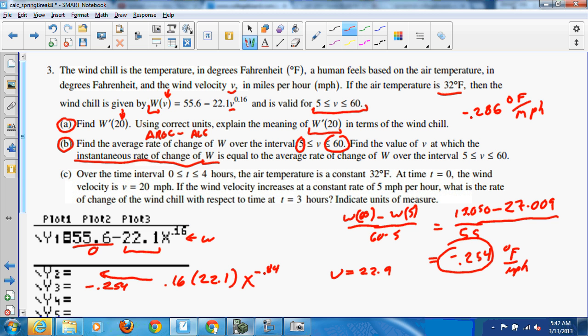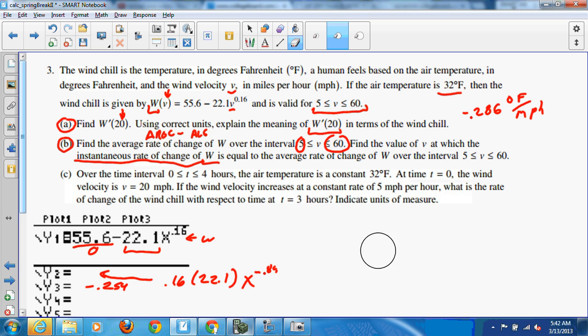The last one says over the interval of time between 0 and 4, let me erase all this. And that says over the interval of time, the wind velocity is 20 miles an hour at time equals 0. Alright, so it's increasing at a constant rate of 5 miles per hour. What is the rate of change at t equals 3?